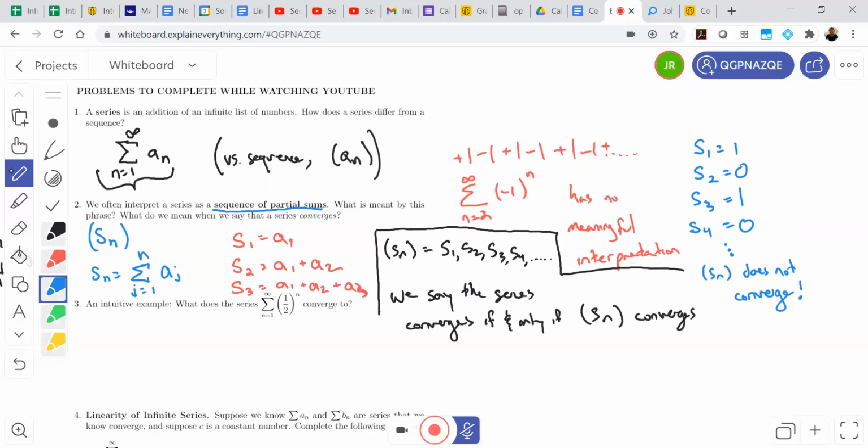And so we end up with a formal looking series, right? Namely, this series right here, a formal looking series that has no meaningful interpretation because it doesn't actually converge to an answer, because its sequence of partial sums does not converge as a sequence.